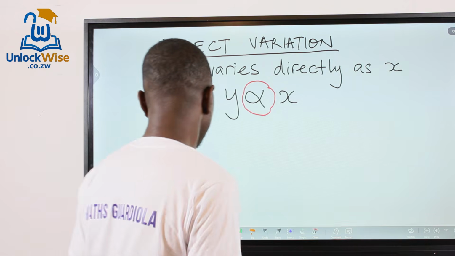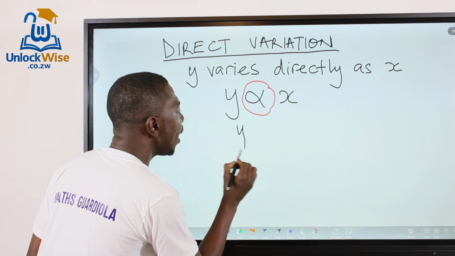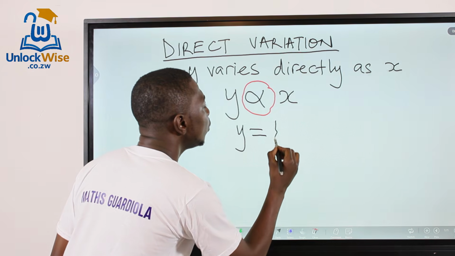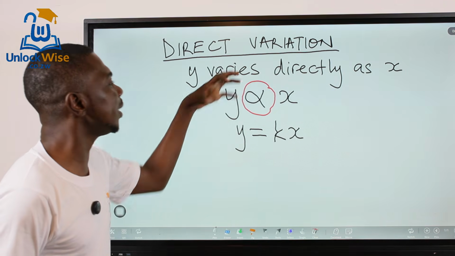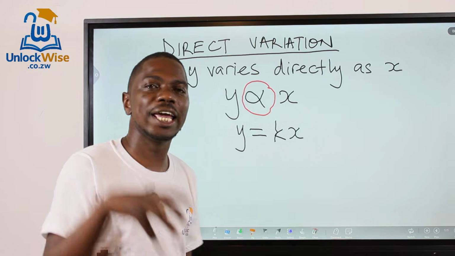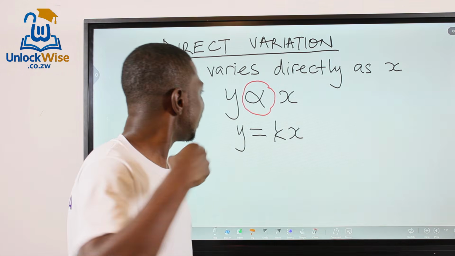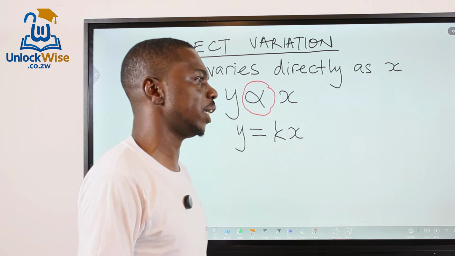You write y is equal to kx. This is how we remove the variation sign and introduce an equal sign and a constant of proportionality.